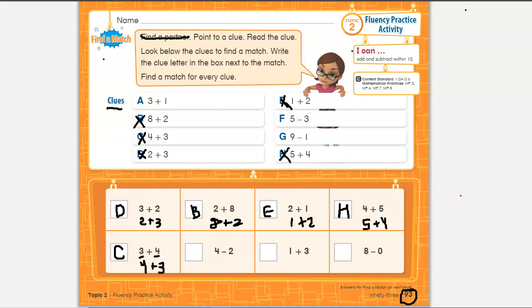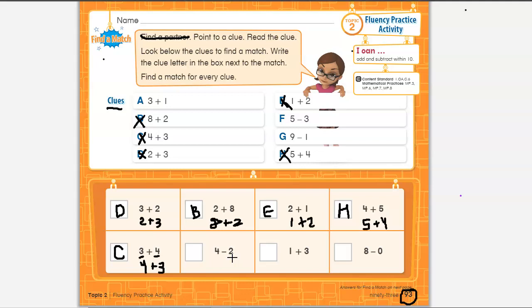Okay, now these ones look a little bit different. We have a subtraction problem. This is 4 minus 2. So with subtraction, you are not able to flip the add-ins around and use that trick here. So what we could do, we could say, okay, what is 4 minus 2?